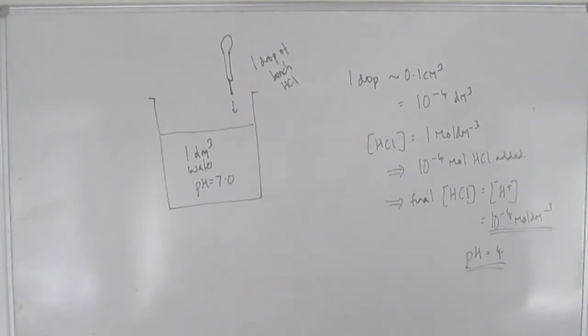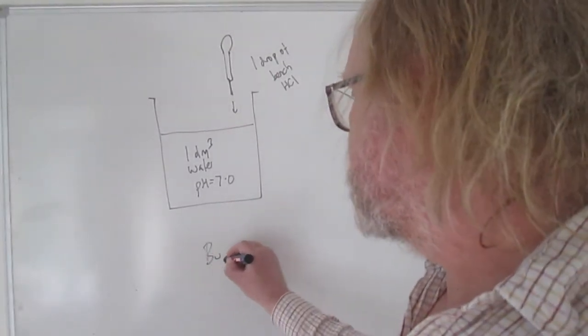And so that drop from 7 to 4 could be enough to wipe out the activity of an enzyme. So biology depends on having ways to prevent these potentially catastrophic changes in pH, and in life we do that in various situations too, using a technique called buffering.